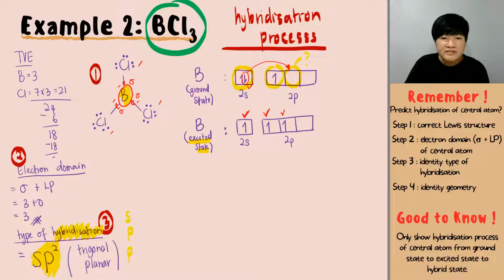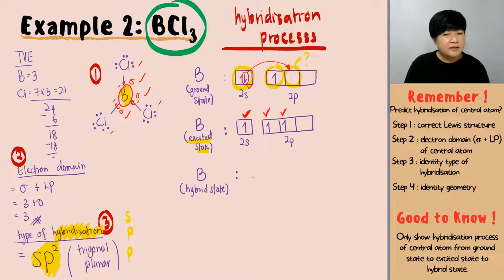And having 3 single electrons over here is where your boron can have the 3 sigma bonds. Now you can see better? Alright? That is the reason why you excite your electron from the 2s to 2p, because the boron needs 3 single electrons for the 3 sigma bonds. Makes sense?